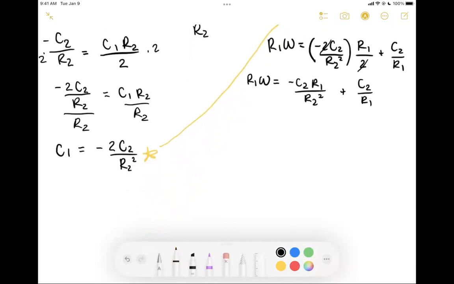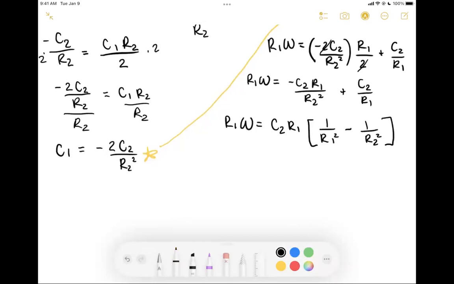Then with a little bit more algebra, I'm going to factor out the C2 R1, and we get R1 is equal to C2 R1 times 1 over R1 squared. I also took the negative out, multiplying by negative 1, and you end up with this.